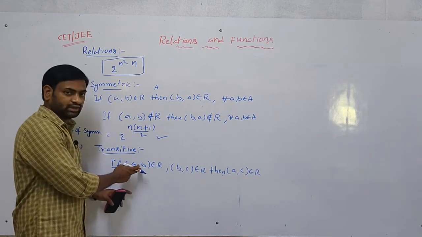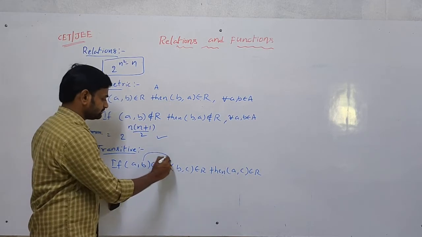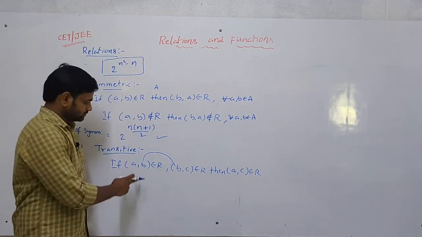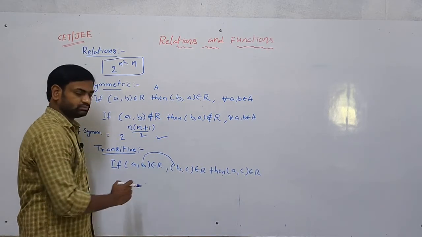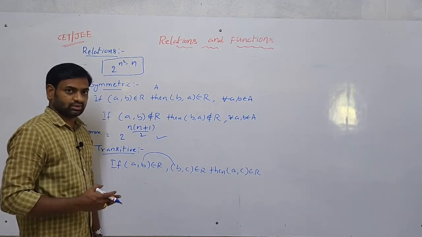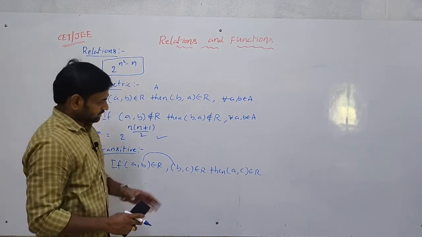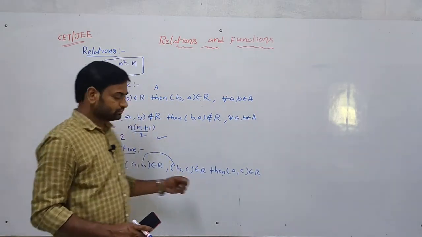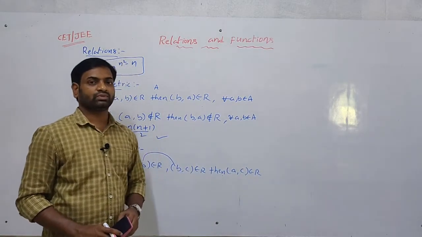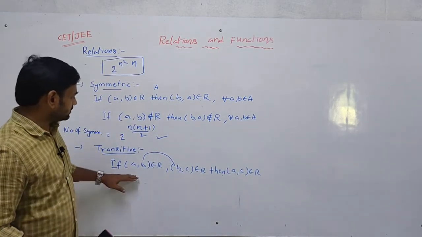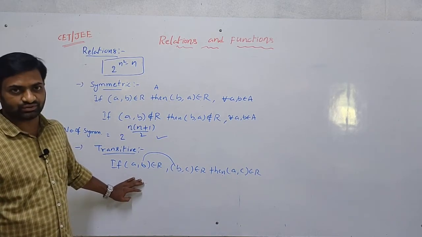In the first ordered pair, the second element, and in the second ordered pair, the first element should be the same. If such pairs exist, then (A, C) belongs to R, and we can say it is transitive. Otherwise we can't say it is transitive.